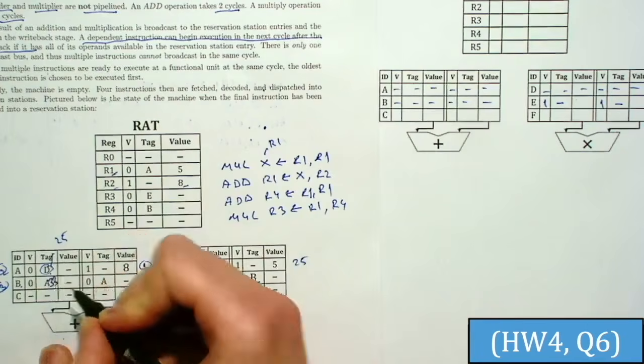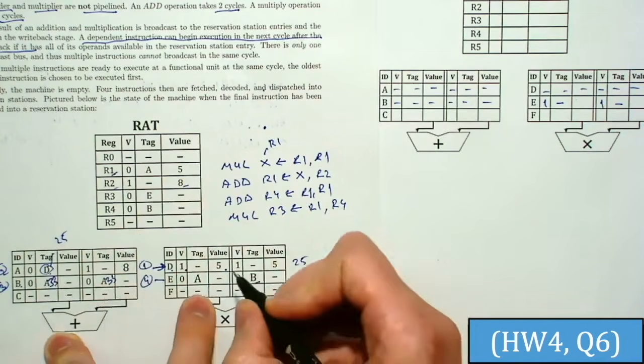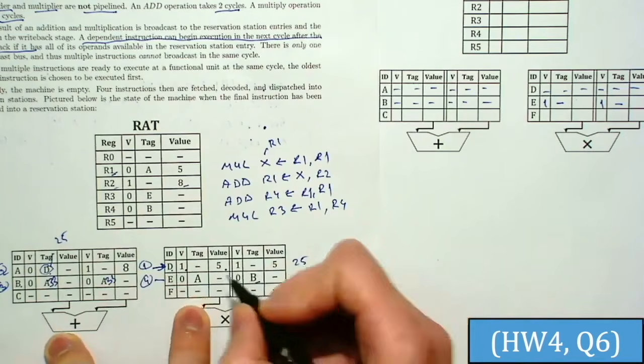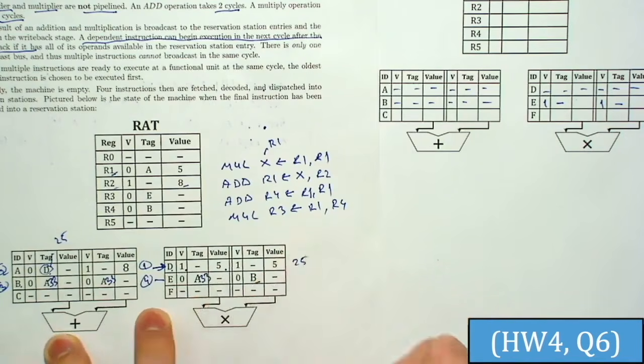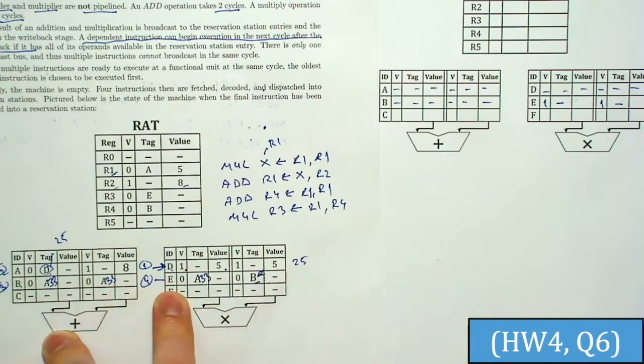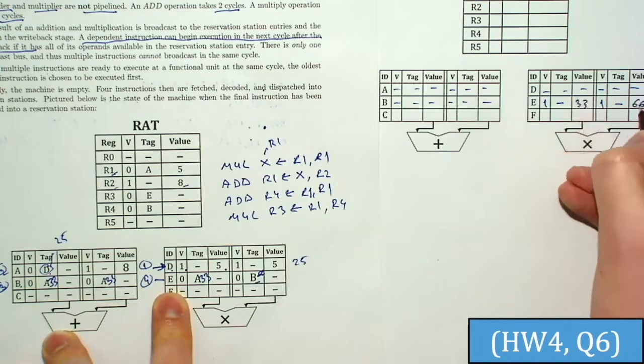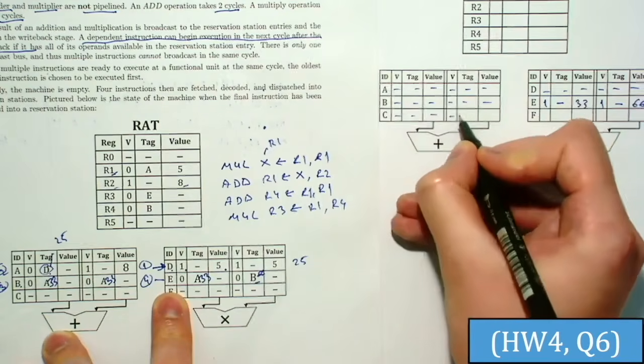So whenever we see A, we can put 33. And then basically here we will have 33, and B will be 66. Okay, so I just executed those instructions quickly. So this is 33, and this is 66. And the rest is also blank.